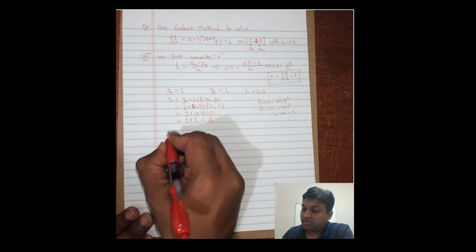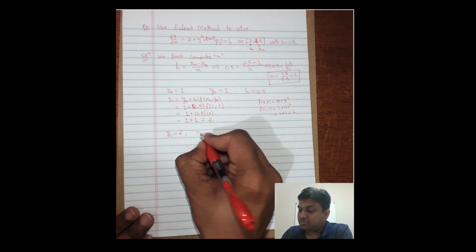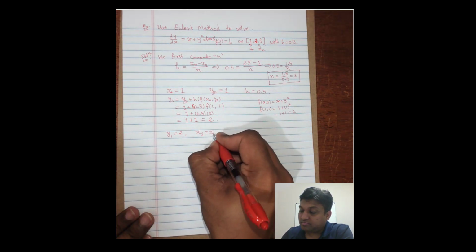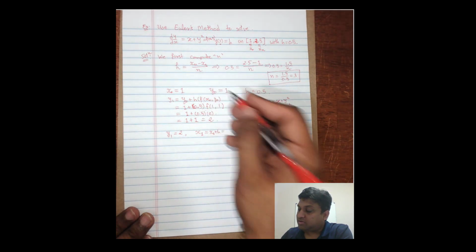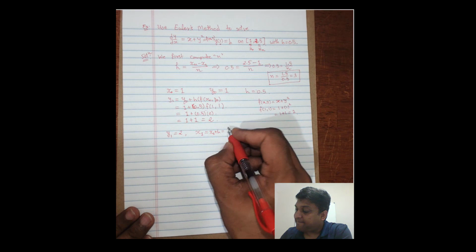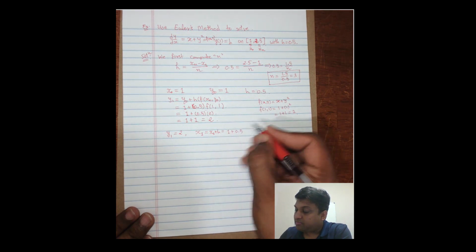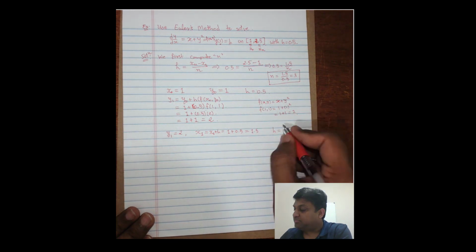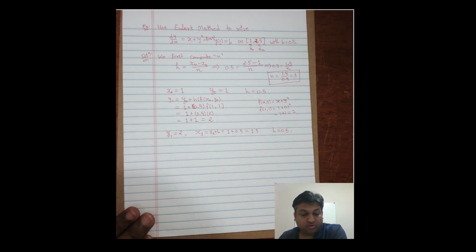I need the second one, so let's use the first iterated solution. I need to update the value of x. It's really x0 plus h. What was x0? x0 was 1 plus 0.5. I get 1.5, and h stays the same. It's going to be 0.5. We are ready to throw these values in.